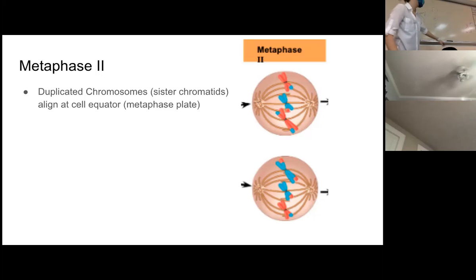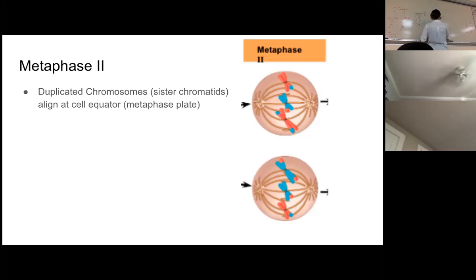How do we draw it? I was just about to. So in metaphase 2, we have our centrioles still. Each one of these daughter cells from meiosis 1 is going to go through PMAT as well.